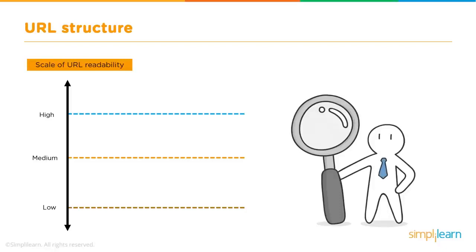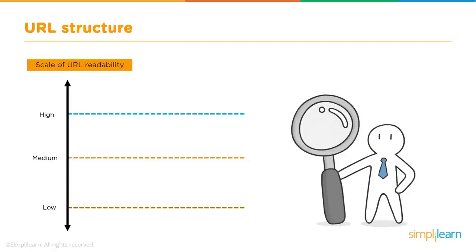So in the example here, the middle example, I can see that I'm going maybe to a shoes page, but I have no idea what the rest of that URL means. And in the other example, where you have a very low URL readability, I have no idea as an end user where I'm going to go.